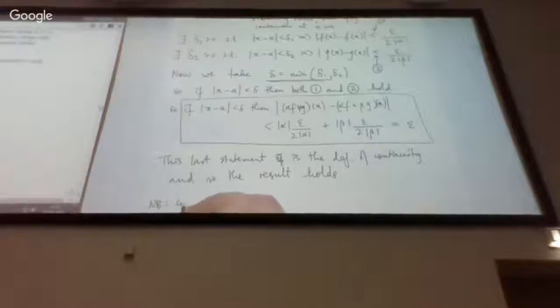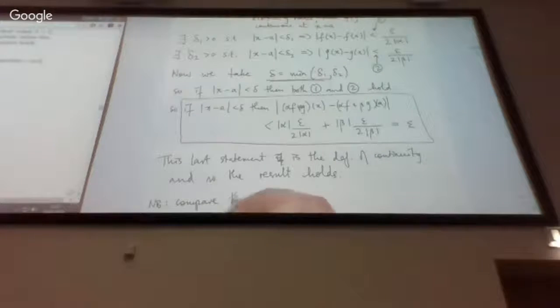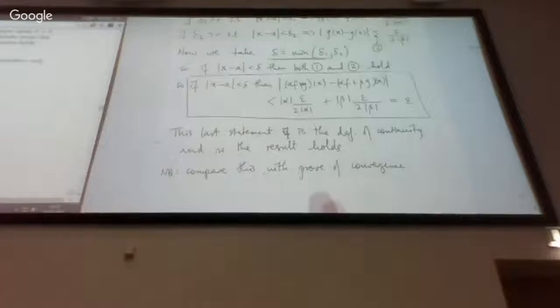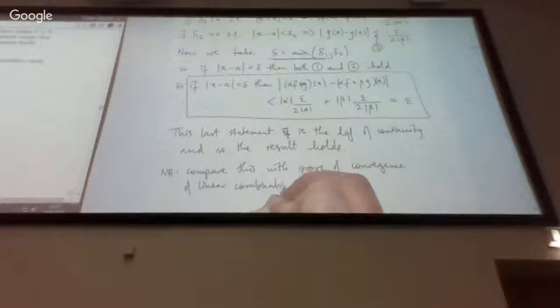You should also compare this with the proof of convergence of linear combinations of sequences. Okay, something we did in the very middle part of term 1.